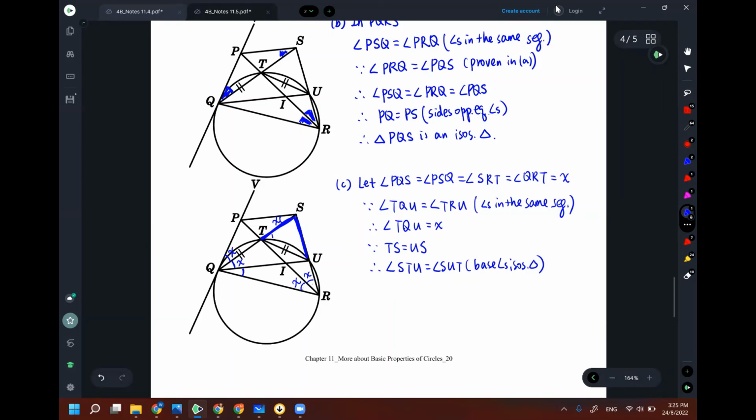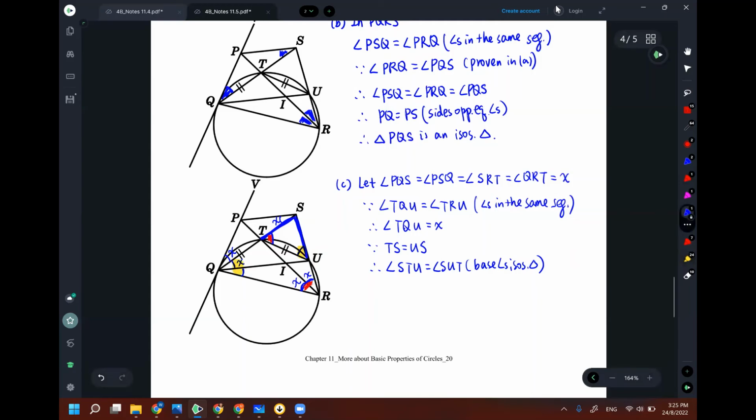They are equal. And we know that these are exterior angles, so this angle equals this angle. Then maybe I use another color so you can see. This angle equals this angle. And maybe I use this color. This angle equals this angle.